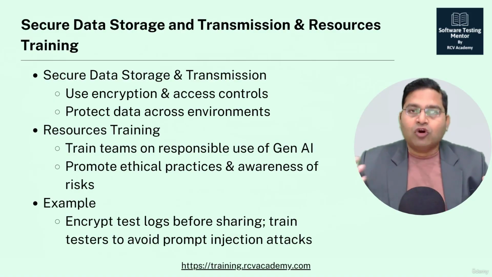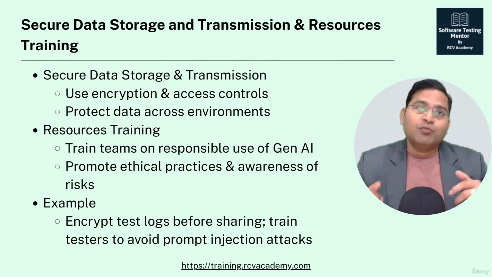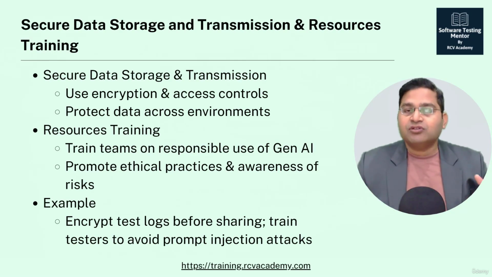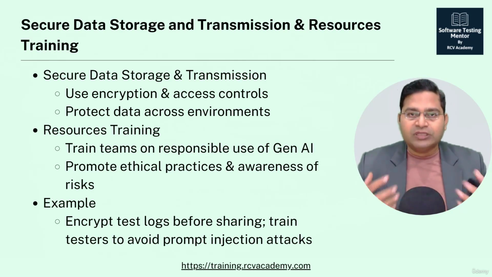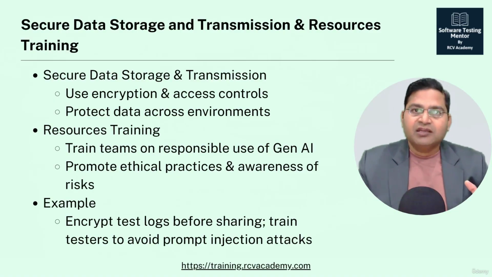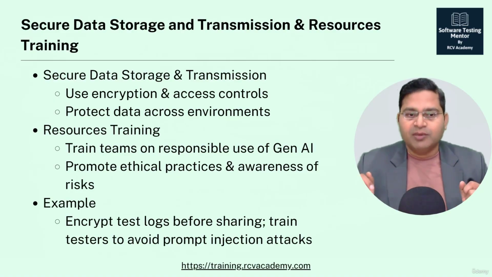Even if you are using on-prem, responsible use is still important. Promote ethical practices and awareness of the risk, because we know there are a lot of unethical practices and loopholes that can be used in generative AI to get sensitive information. So promoting ethical practices and resource training awareness is very, very important.